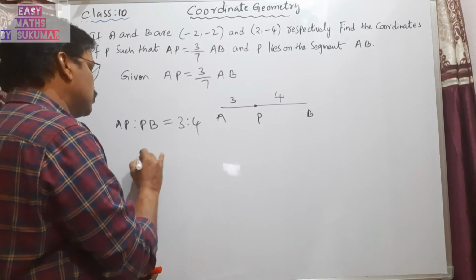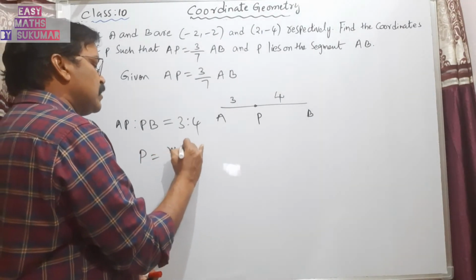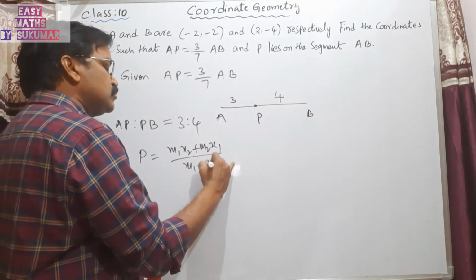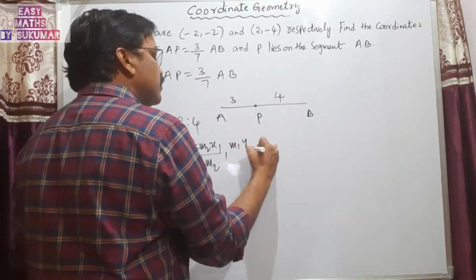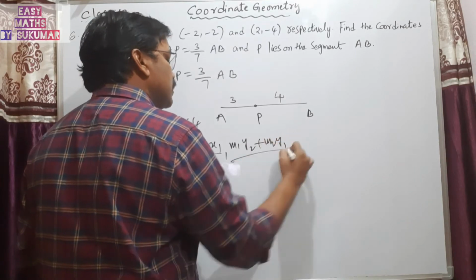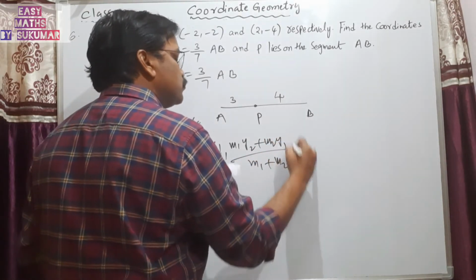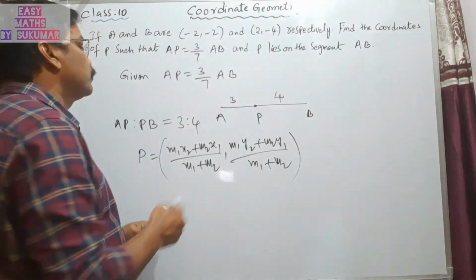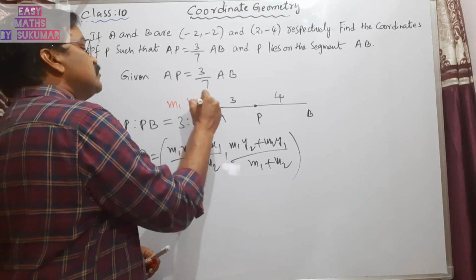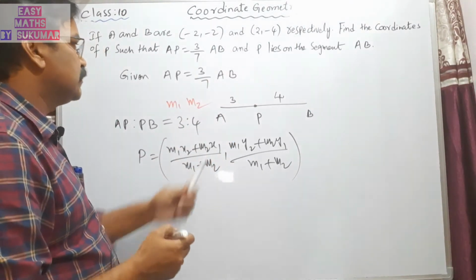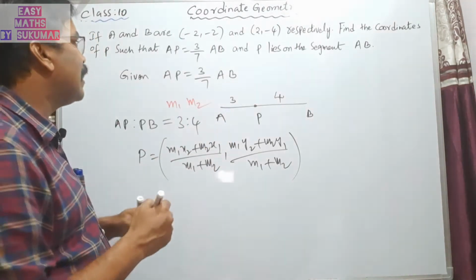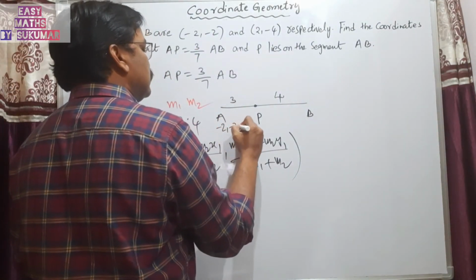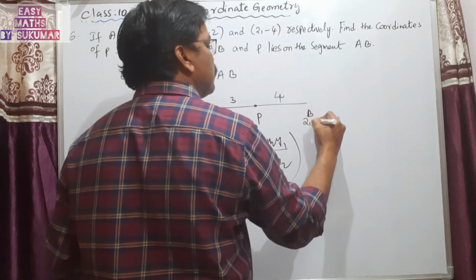So here 3 is m1 and 4 is m2. And the coordinates of A and B are: this is (-2, -2), and what about B? (2, -4).